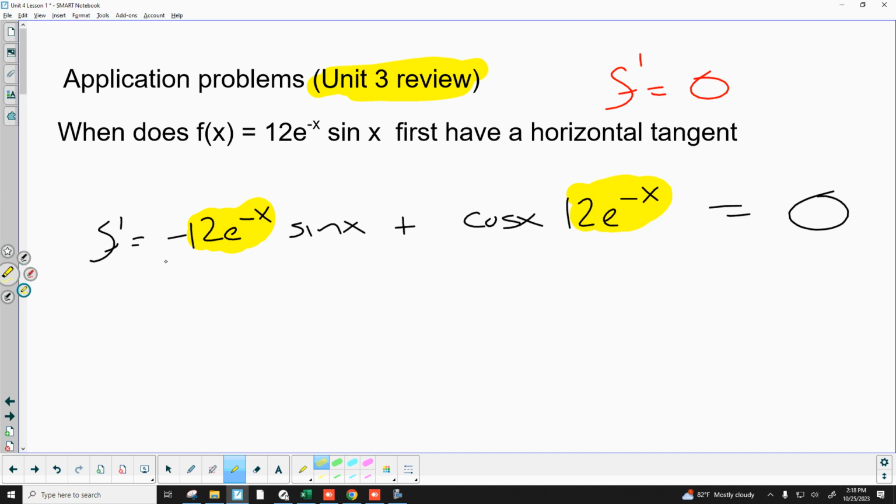We have one term with an e to a power times 12. We have another term with e to the power times 12. Consistently, for the rest of the problems we're about to do, you're going to want to factor out the e to the power because you can. Makes things a lot easier to look at and to deal with. So I'm going to factor out not just the e to the power, but 12e to the power.